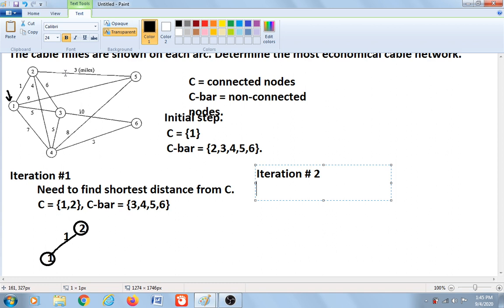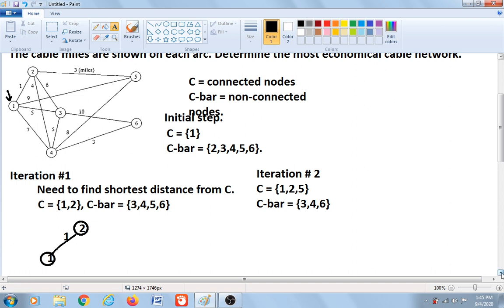So now my C, or my connected nodes, will be 1, 2, and 5, and my C bar now is 3, 4, and 6.